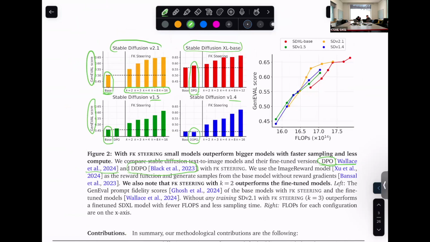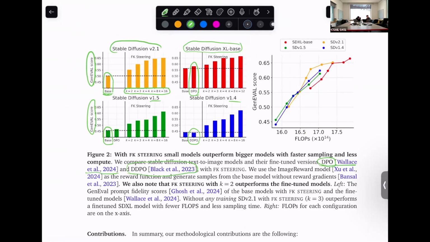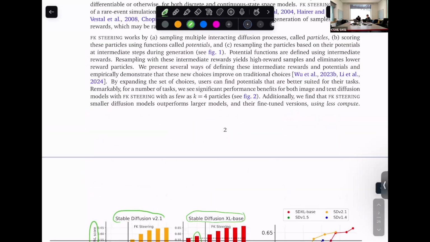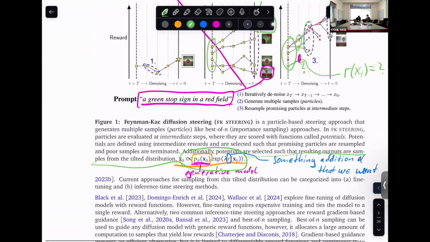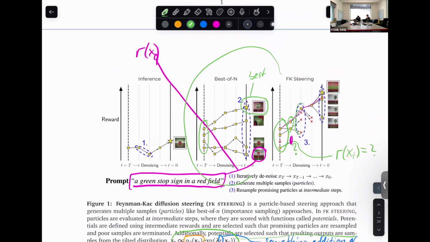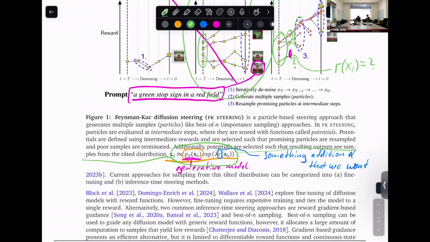Okay, then I think everything is right. Now here we're just looking at our FK steering. How much can we get? And of course we would want to know how much better, especially in terms of compute, that is compared to just simple best of n sampling. We'll also have some numbers on it later, I guess.